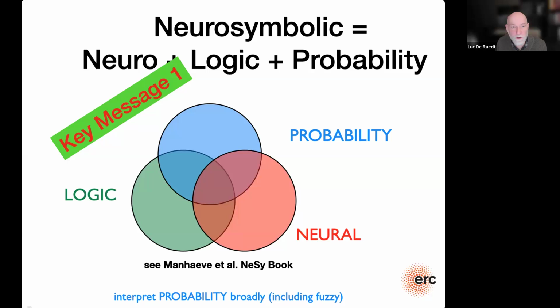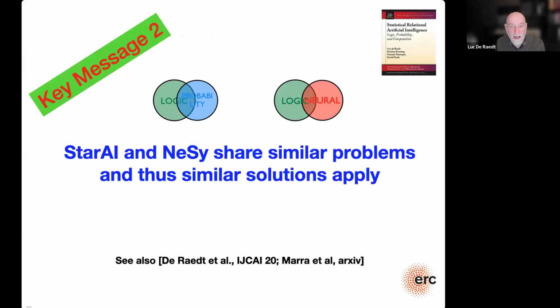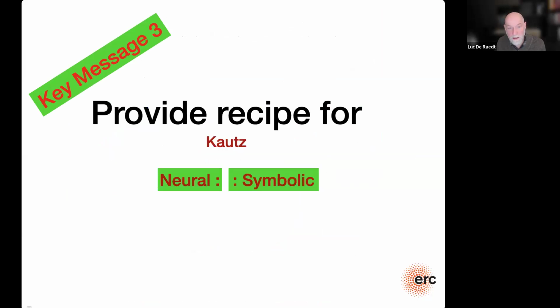Okay, let me conclude by summarizing. I believe Neurosymbolic is not just about logic and neural networks, but it's also about probabilistic methods. And you basically want all of them as special cases. We can also learn a lot from what has happened in StarAI over the past 20 years, and many of the problems that arise there and many of the solutions that apply also apply to Neurosymbolic AI.